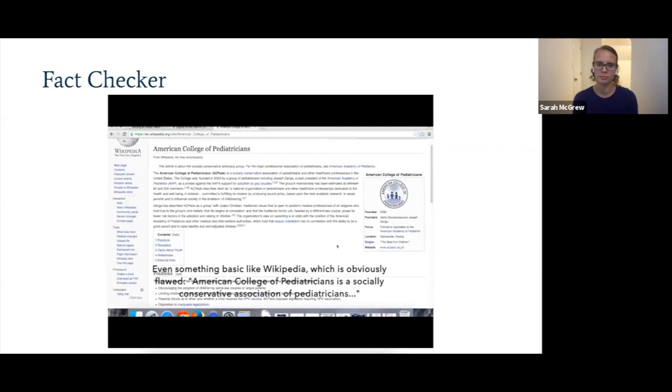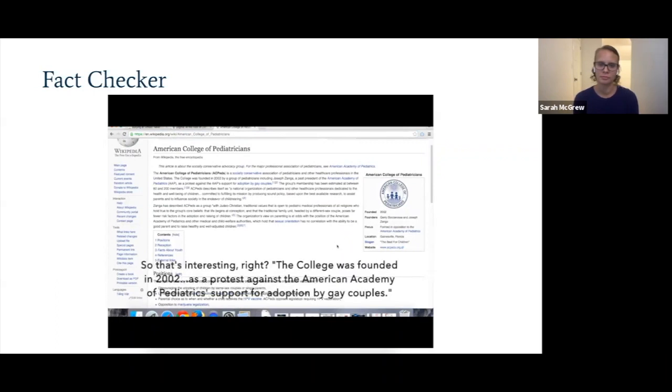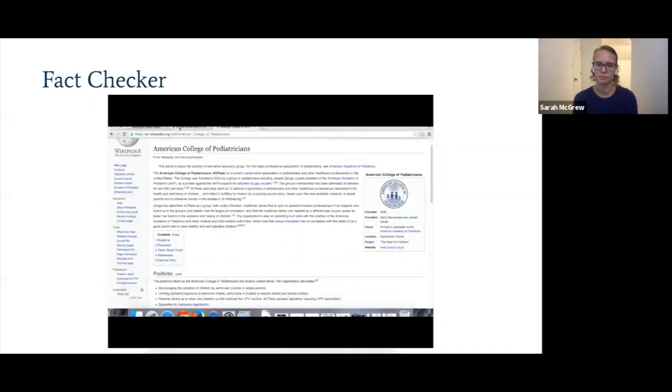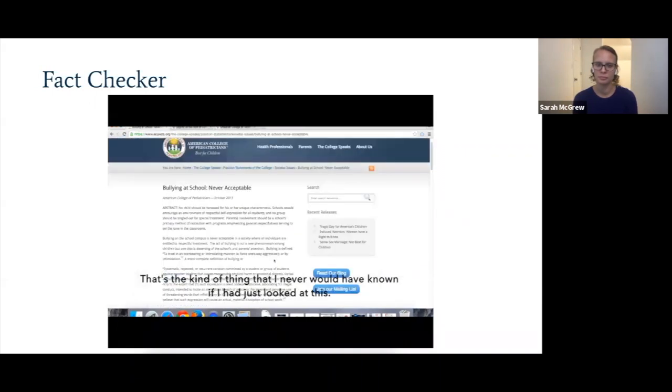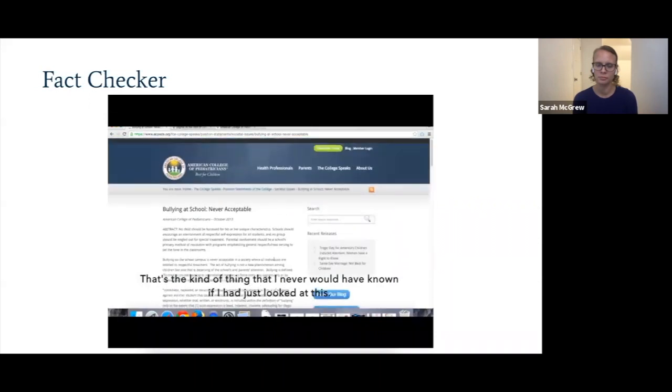The American College of Pediatricians is a socially conservative association of pediatricians and other healthcare professionals in the United States. So that's interesting, right? The college was founded in 2002 by a group of pediatricians, including Joseph Zanga, a past president of the American, as a protest against the American Academy of Pediatrics support for adoption by gay couples. So, and that's the kind of thing that I never would have known if I had just looked at this. And yeah.